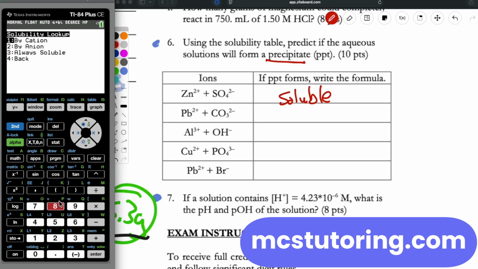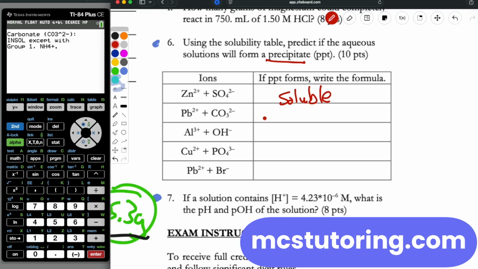I want to go back. I want to look up by anion because it's not really declared well. We want to go more anions, man. Please be here. CO3 2 negative. Okay, good. What's the deal here? Insoluble except with ammonium, NH4+. So we're going to say insoluble. So it's going to make a precipitate.